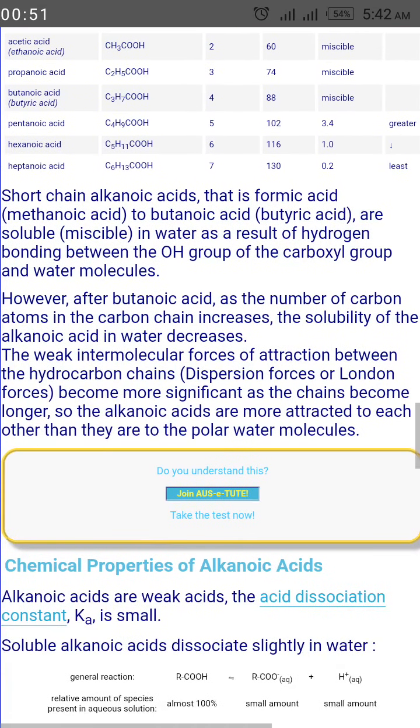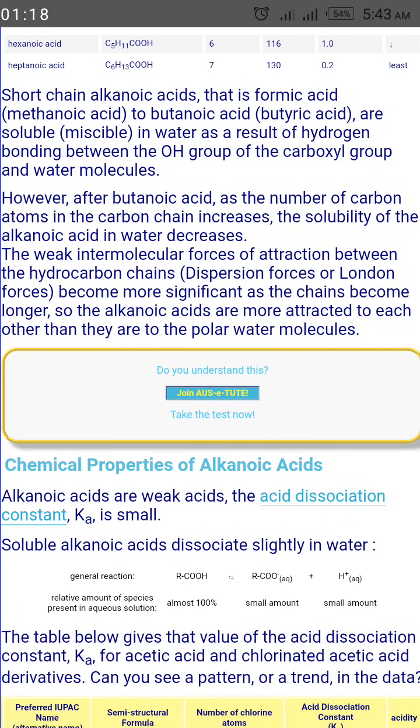However, after butanoic acid, as the number of carbon atoms in the carbon chain increases, the solubility of the alkanoic acid in water decreases. This is because the weak intermolecular force of attraction between the hydrocarbon chains becomes more significant as the chain becomes longer. So the higher alkanoic acid molecules are more attracted to each other than to the polar water molecules.